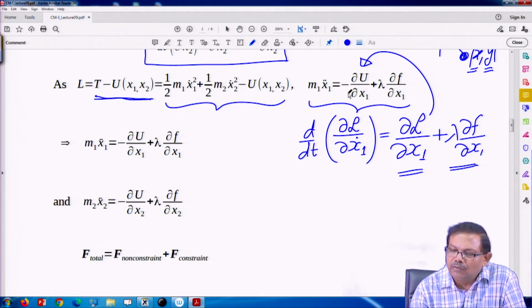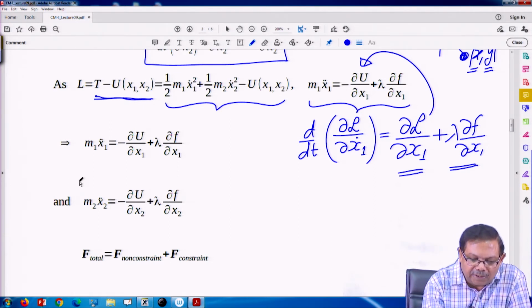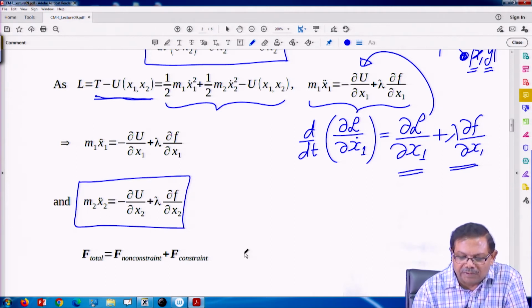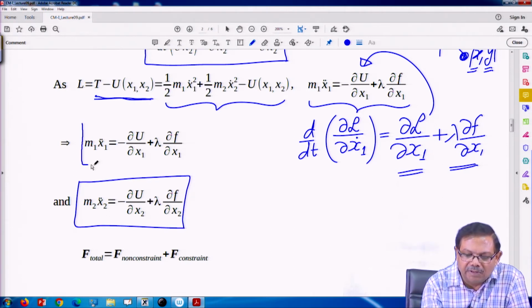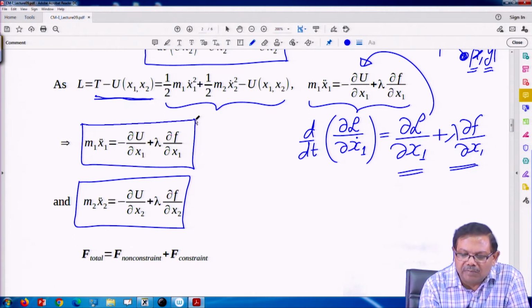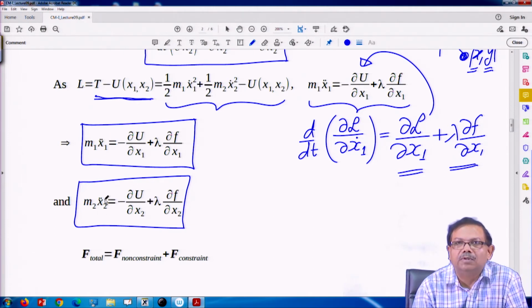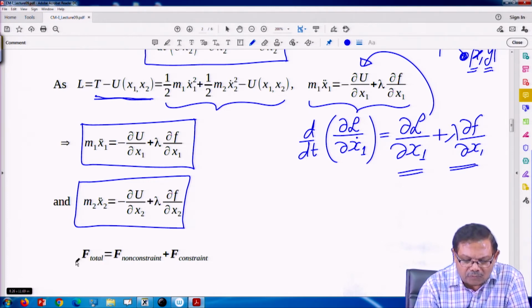Now I do that. So, this is my equation of motion, and similarly for the second particle, if there are two particles in the system, I will have similar equations, and both of them can be written in combined form, m 1 x 1 double dot or m 2 x 2 double dot. They are components of total force.